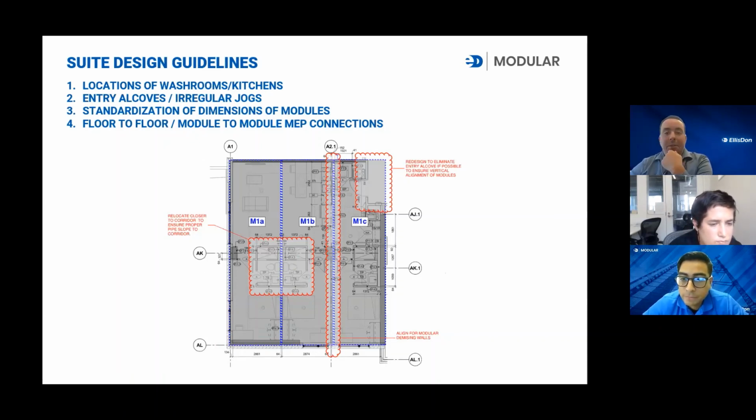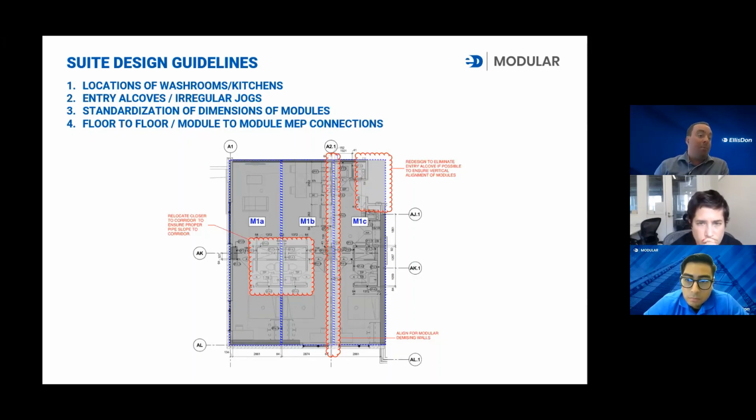Yeah, we just have a couple slides here and we'll get this wrapped up. We looked at a project recently that was far along in the design, and some of the things we highlighted make things extremely challenging from a modular perspective.